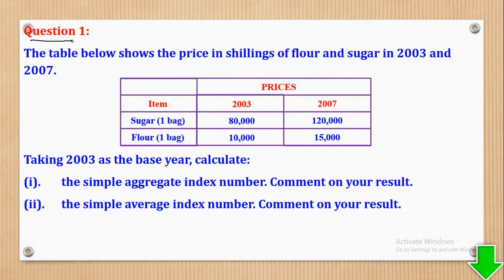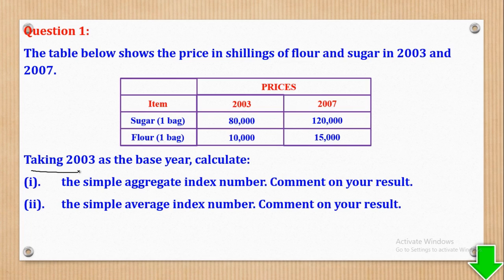So with those formulae, let's look at the questions. Question 1 says the table below shows the price in shillings of flour and sugar in 2003 and 2007. These are the items, priced in 2003, prices in 2007.